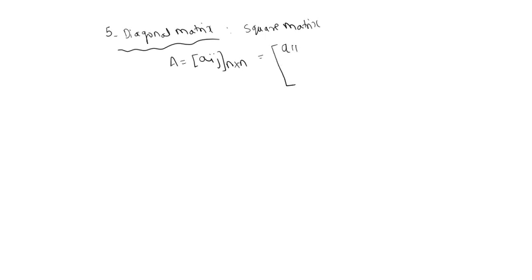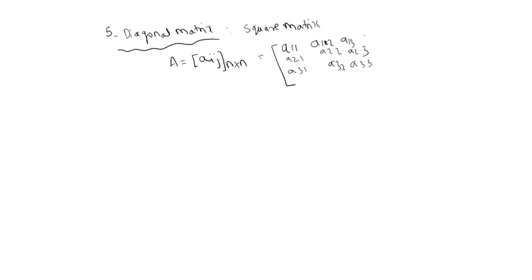To define a diagonal matrix, first we will see a square matrix. We can write A11, A12, A13. Say if I take a 3 by 3 matrix, A21, A22, A23, A31, A32, A33.